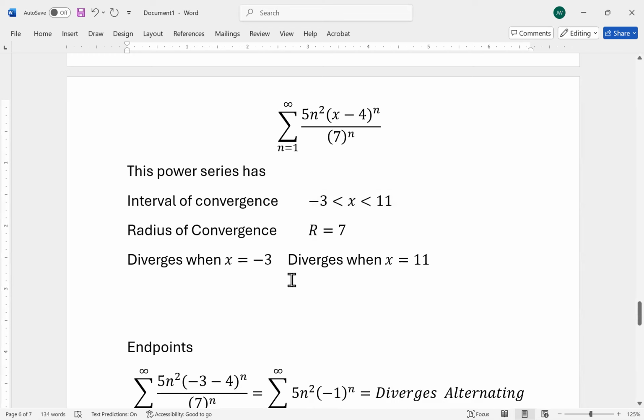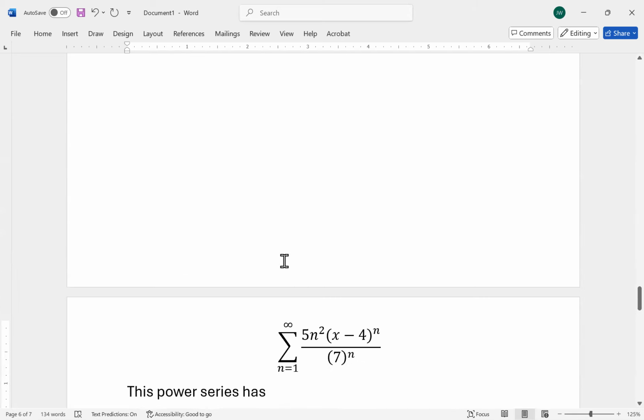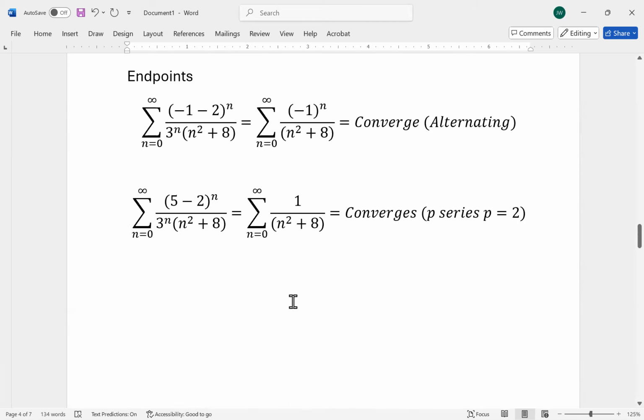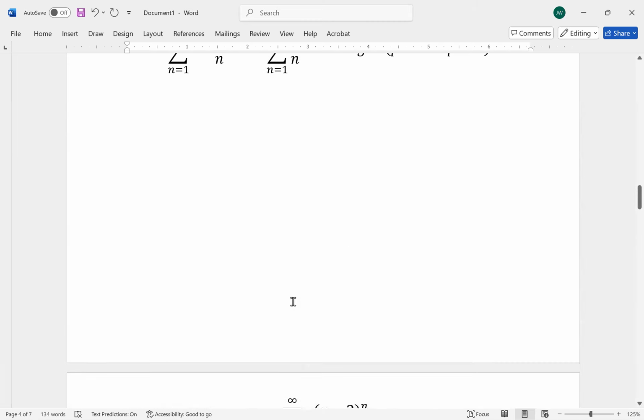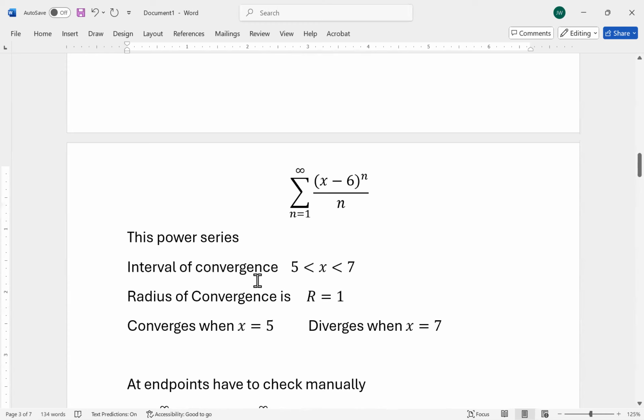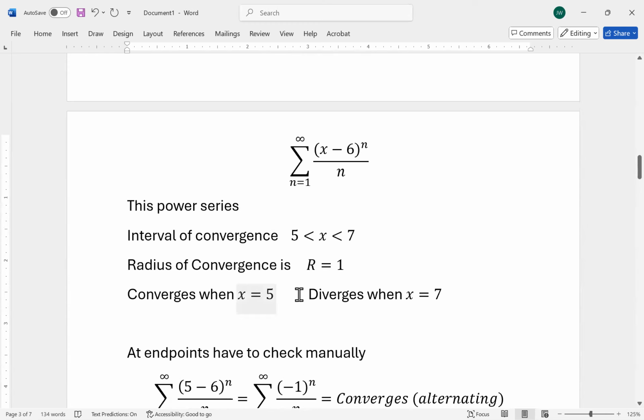So there we go. Obviously, this is the first case when both endpoints caused divergence. In our previous example, we saw that both endpoints had convergence. And in one of our first examples, we had convergence at one endpoint, divergence at another endpoint.